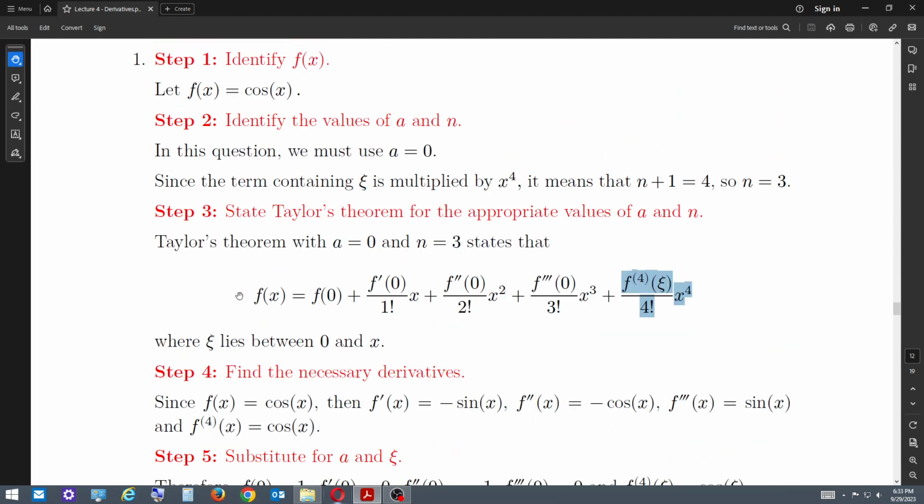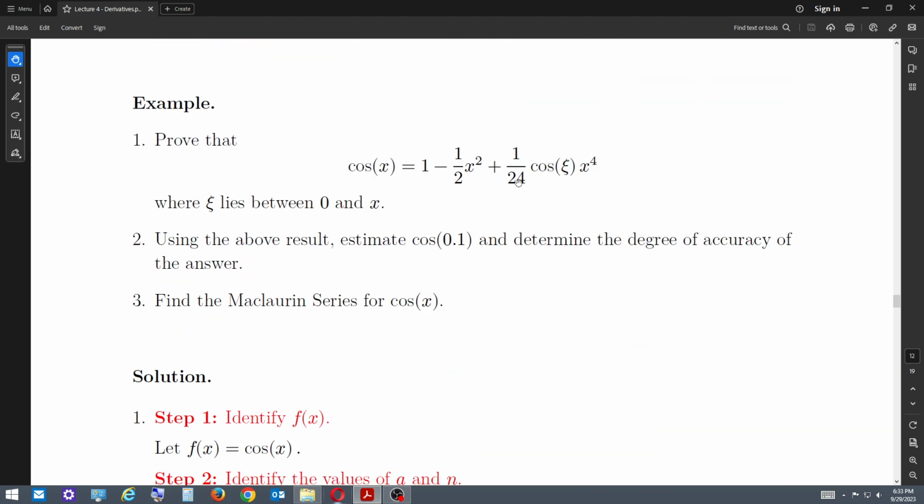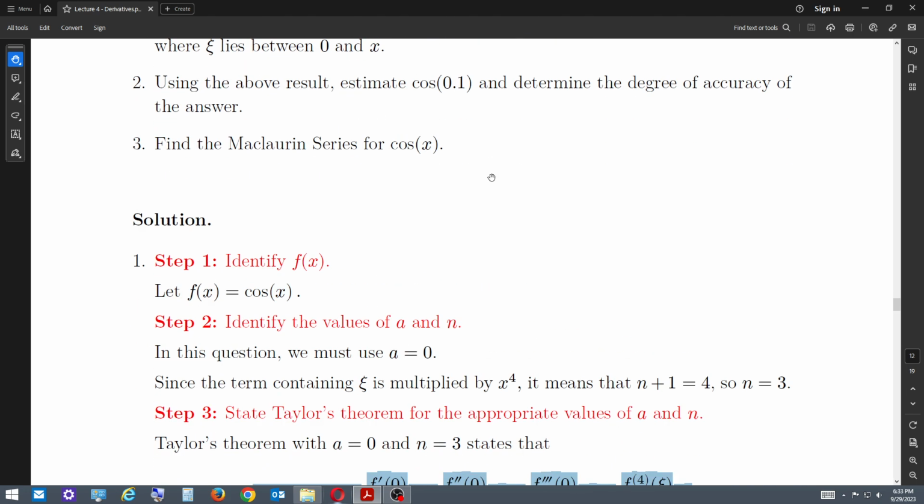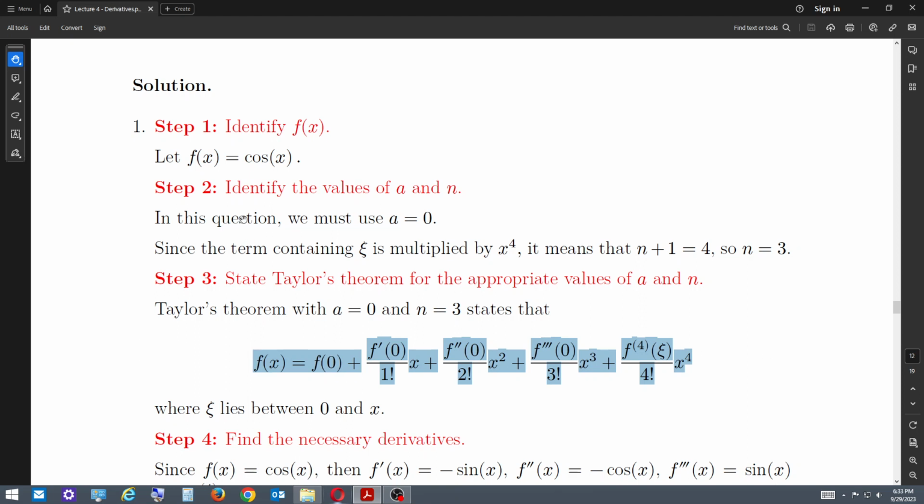Alright, now what we're going to do is use this as given. This is Taylor's theorem. Taylor's theorem says this is accurate, this is true. So we're going to use what we know is true and try to prove this thing. How we're going to do that is we're going to take f of x now and substitute it into this equation. Now if I'm going to do that, I will need to know what the derivatives of f are.